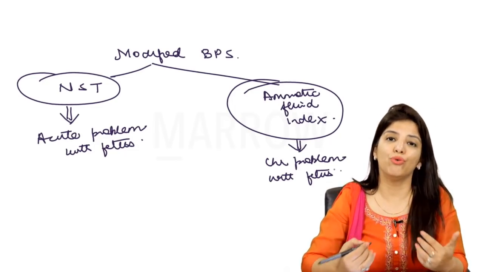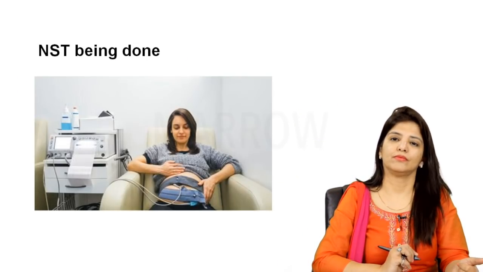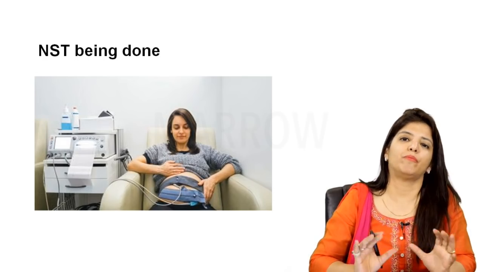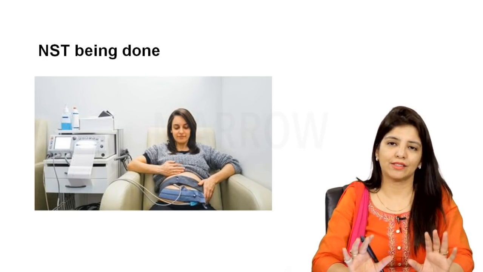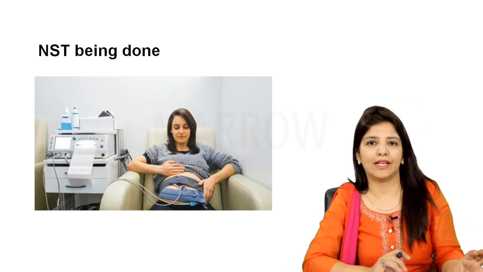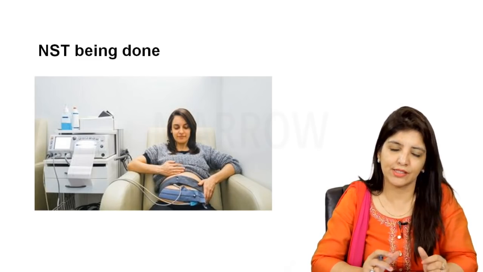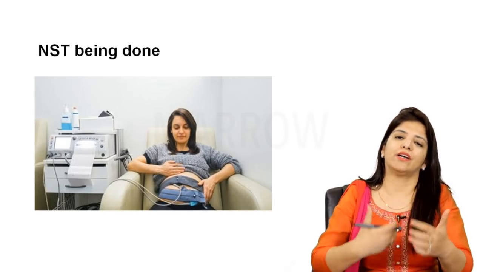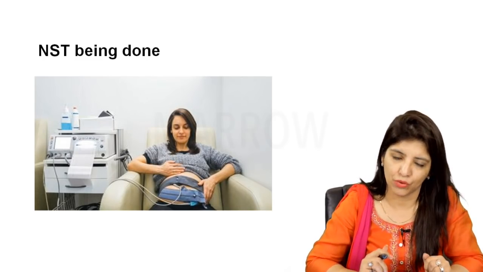Now, how do you do an NST? So, see here. In an NST, whenever a patient is complaining of decreased fetal movement, you are going to relax her and make her lie down. Like there are the ECG leads, similarly we have the fetal heart rate monitoring leads, and there will be a belt which you are going to tie around her abdomen, right?